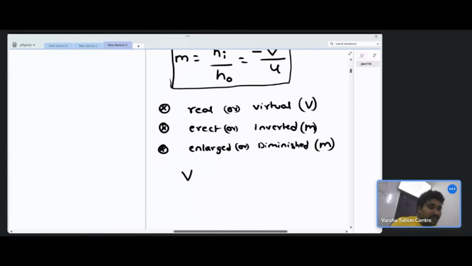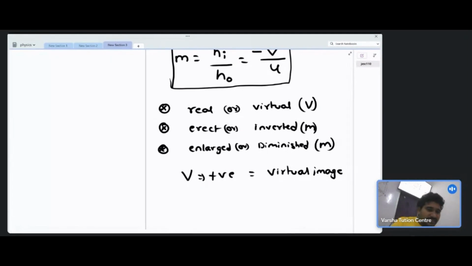Remember, if V is positive, it is going to be a virtual image all the time. If V is positive, which image is it? Virtual image. Put a stamp on it.